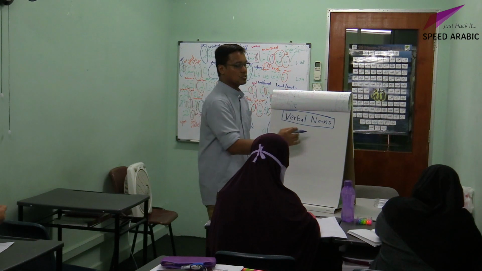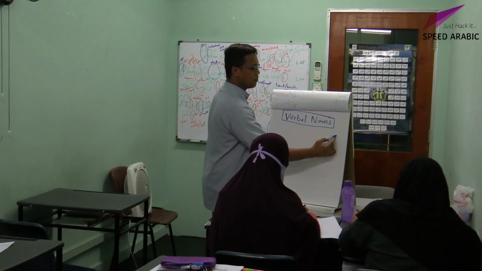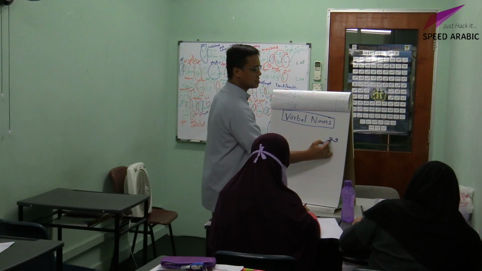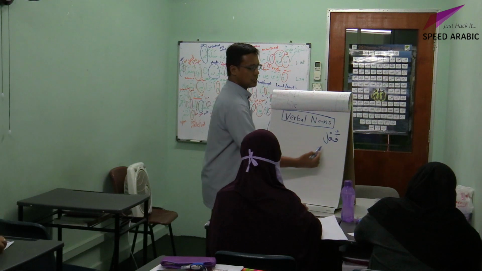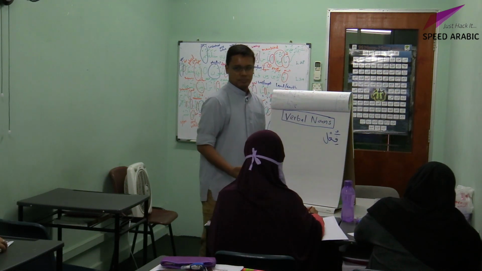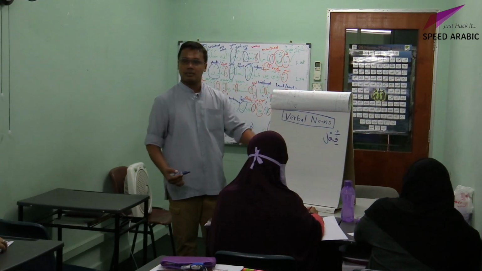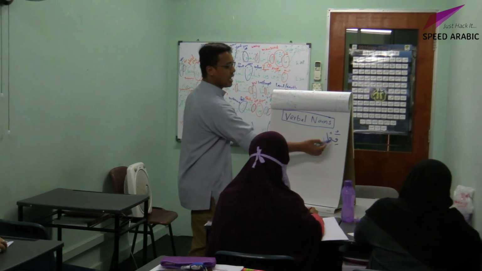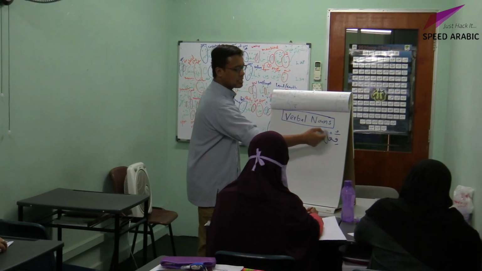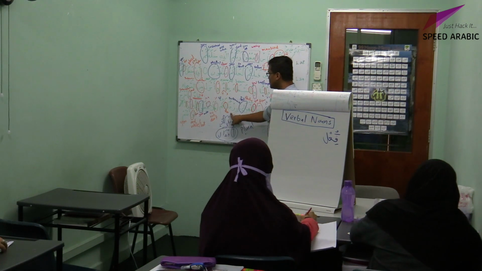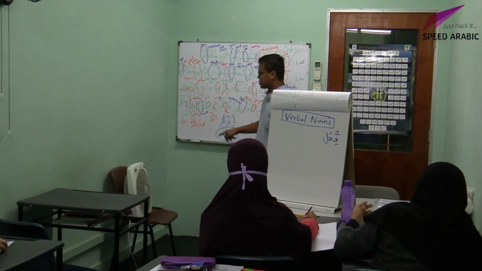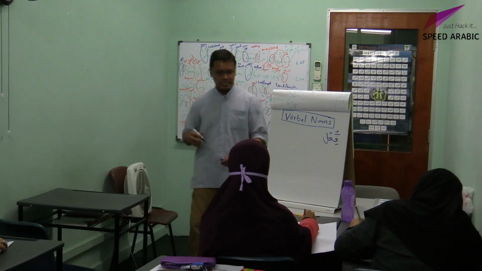Okay, 7 forms. You will get form number 1, which is fa'al. It can be fa'al. It can be fu'al. It can be fi'l. Okay, there are 3 forms there. Alright, so whenever you see anything that sounds like this, like let's say, what is this? Rizq, right? Rizq. So let's take that.